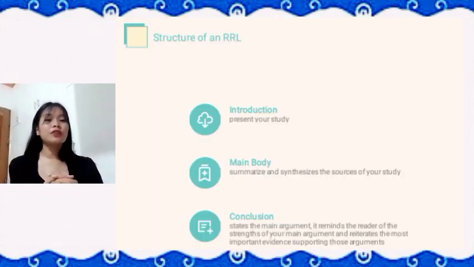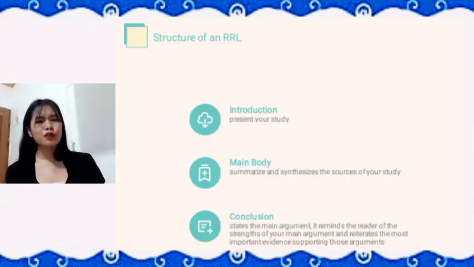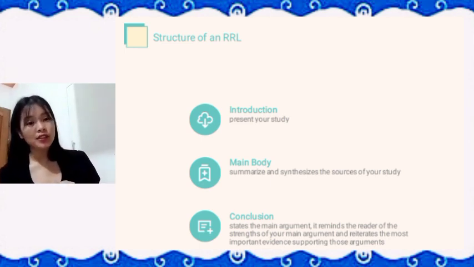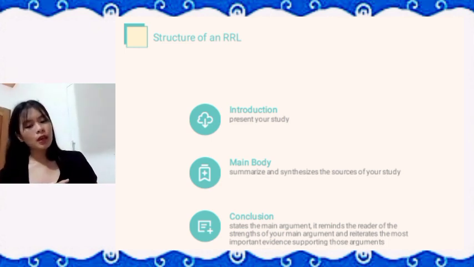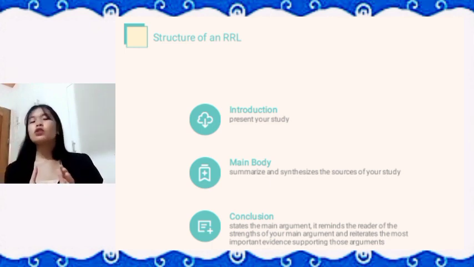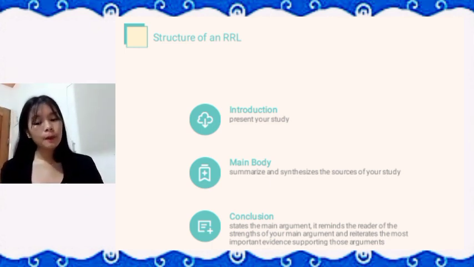So now I am going to discuss the structure of an RRL. The first structure is the introduction, where we cite and present our study. Second is the main body, where we summarize the synthesized sources of your study. Lastly, we have the conclusion.